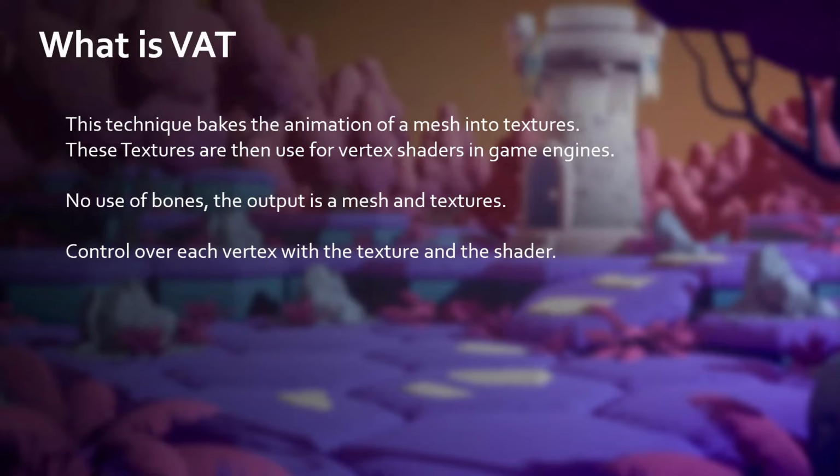With that, we have control over each vertex of that mesh with a shader. So we can specifically say what a certain point needs to do over time and how it should be moving, which allows us to have a bit more control versus the bone-based methods we are often using, where we just assign a certain weight to bones with the points.